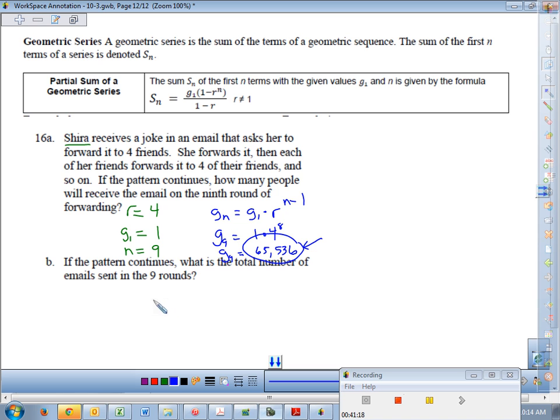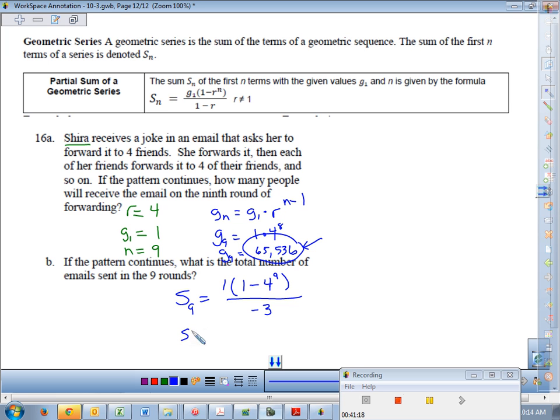So that would be the sum of how many rounds did we have? The first term, which was? Times 1 minus the rate to the 9th power over 1 minus the rate. What's 1 minus the rate? Negative 3. Cool.